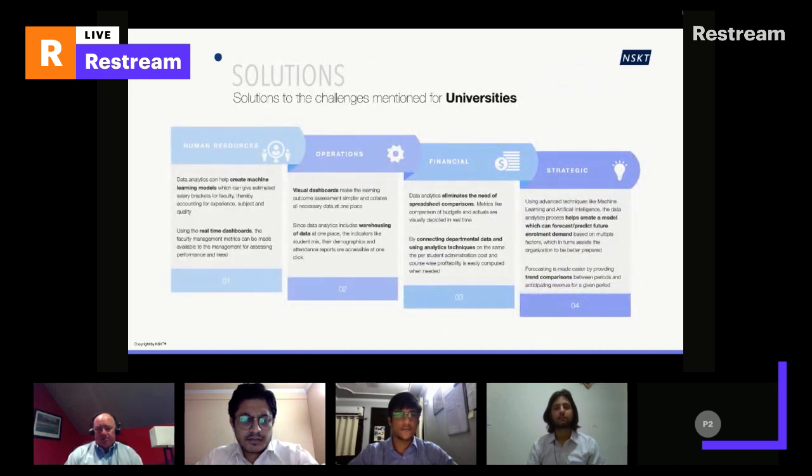So we highlight just a few solutions with each one of these challenges, from HR, operations, financial, and strategic. With HR, with our data analytics, we're going to have machine learning, which is going to be able to map our salary, benefits, and compensation with performance within the courses. Each course can be measured.